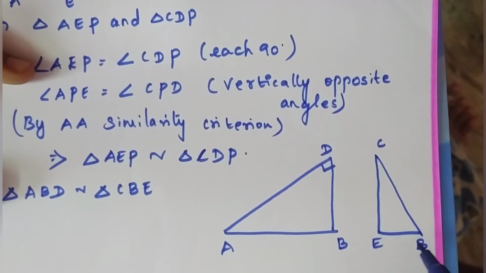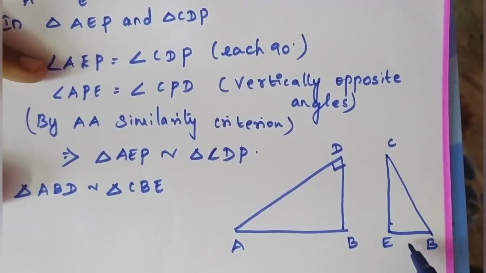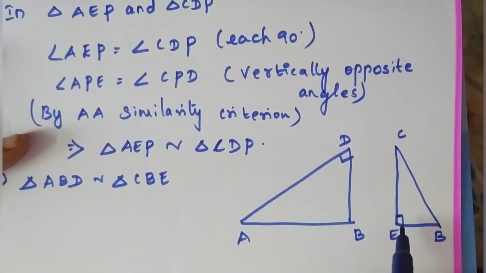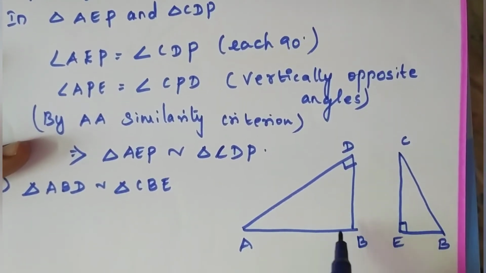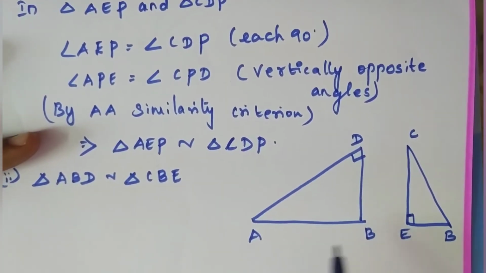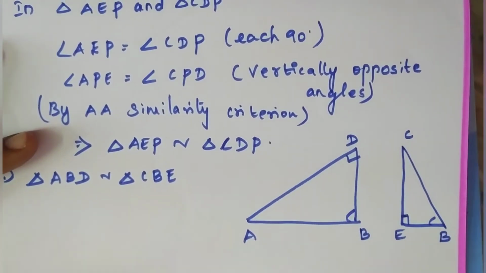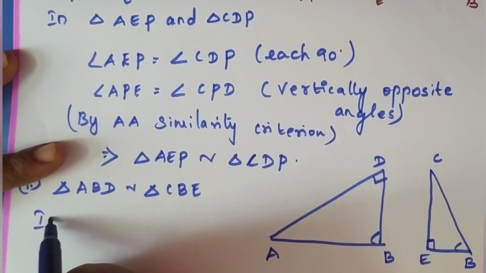Sorry, my diagram is not good, but see the concept. Both the angles are 90 degrees. See whether there is any common angle for these two triangles. Yes, angle B is common. Clear? So first take a triangle.